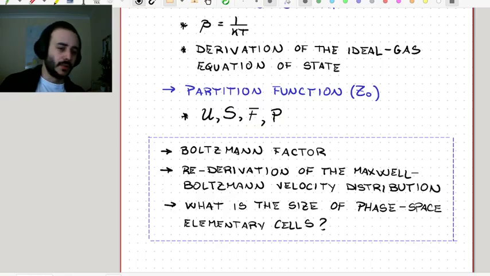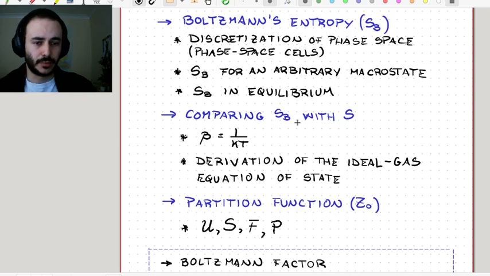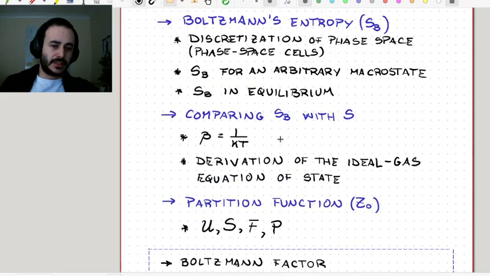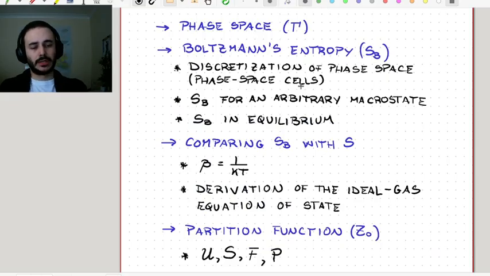So we will see that in calculating the equilibrium value of the Boltzmann statistical entropy, we are going to make an assumption. We are going to use a mathematical formula, Stirling's formula, to approximate large factorials. And this actually is only valid if the phase space cells, these discrete units in which we are going to break down the space of states of our system, are sufficiently large.